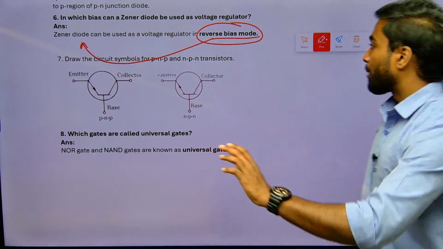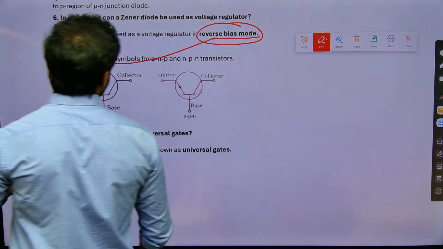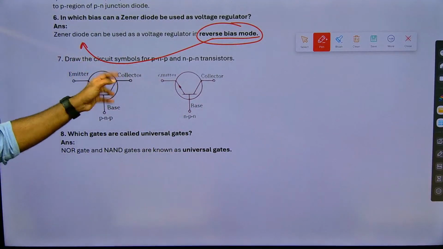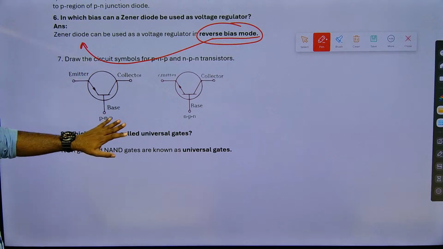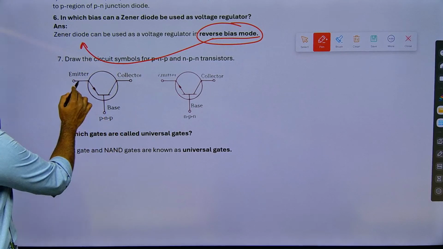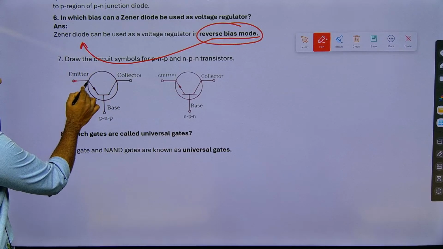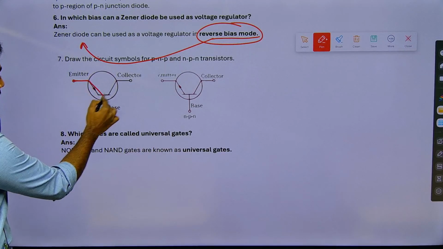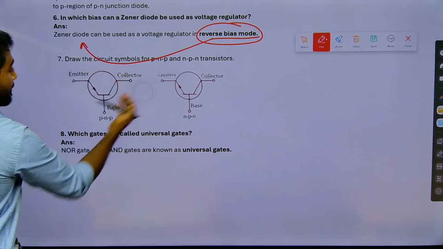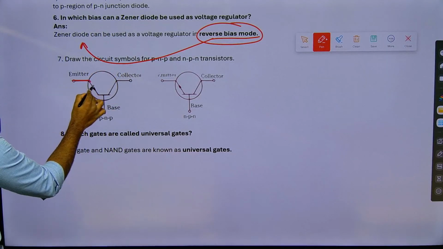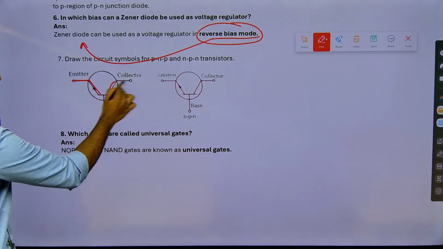And what about the next question? Draw the circuit symbol of a PNP and an NPN transistor. When we talk about the PNP transistor, the order will be emitter, then base, and then collector. So it travels from emitter to base and then base to the collector.